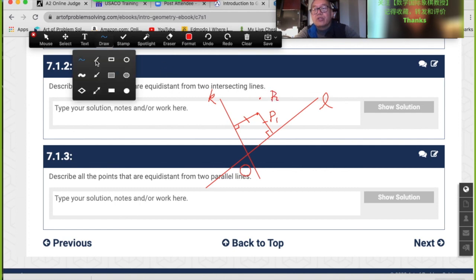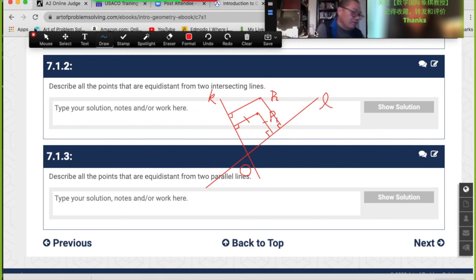Then you also draw the perpendicular line to here, then a perpendicular line to here. Then they ask you, all these points have the same distance to these two lines. Where is the location? What characteristic do these points have?